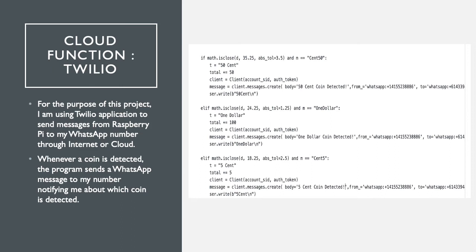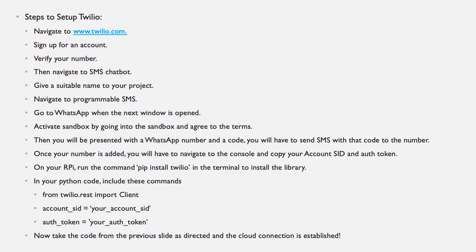And the same goes for the $1 coin as well, and the other coins, the fourth coin as well. So this is how it works, and here are the steps to set up a Twilio function for this project.